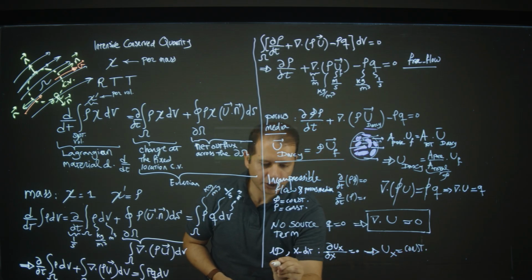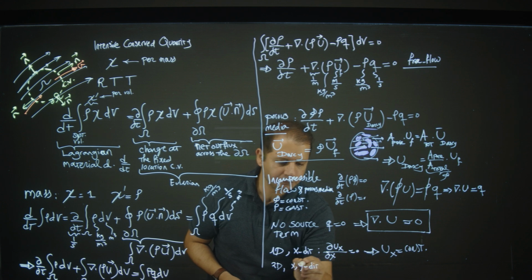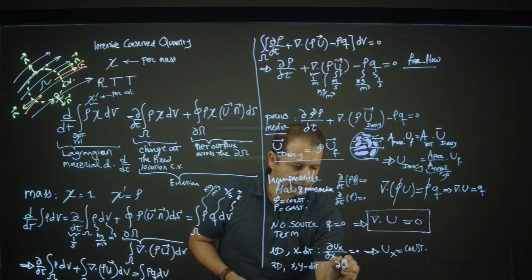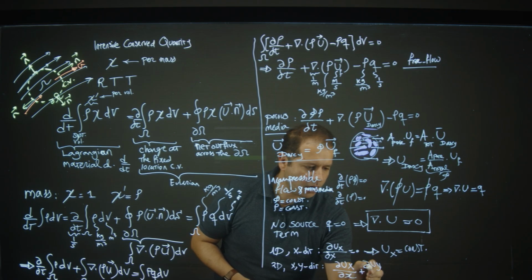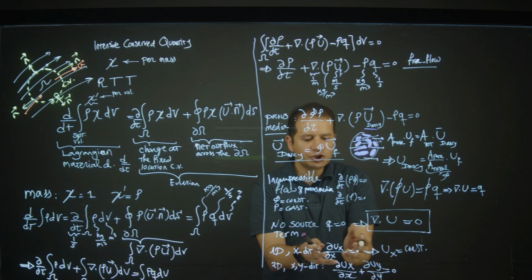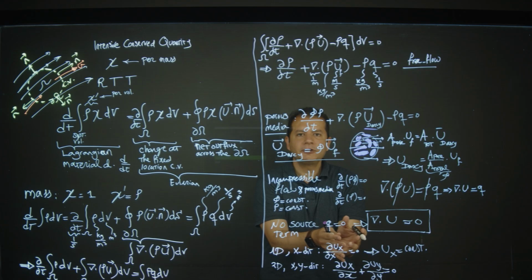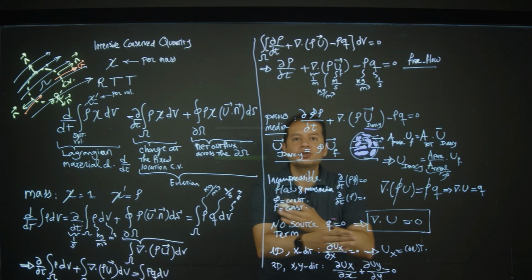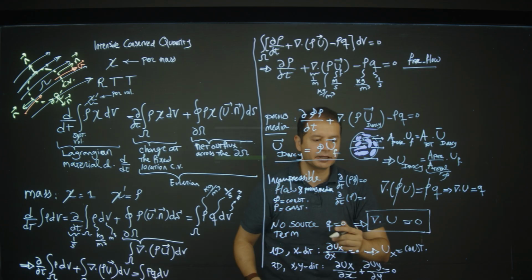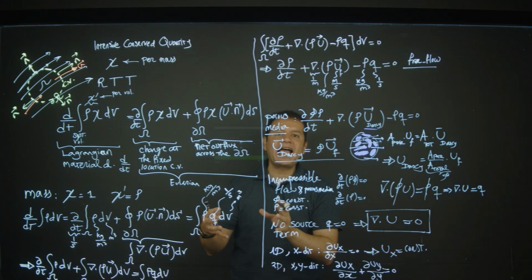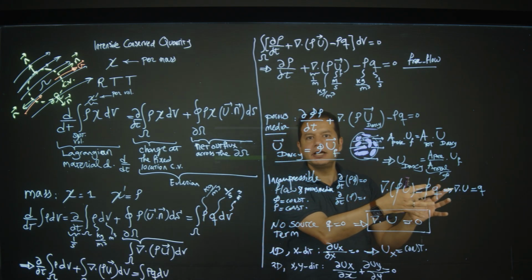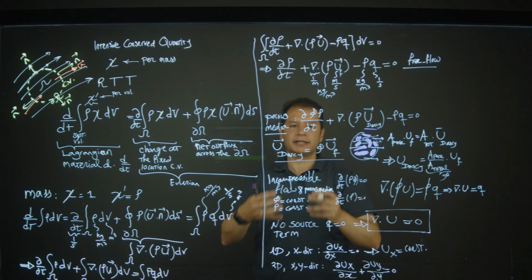In two dimensions, for example, again in x and y direction, it means dux/dx plus duy/dy is 0, which means the change of the velocity x component in the x direction should balance the change of the y component in the y direction, which means if it is accelerating in the x direction, it must decelerate in the y direction.